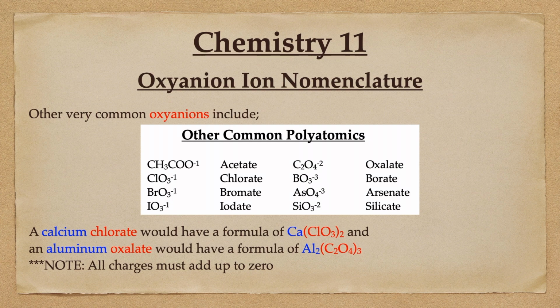Similarly, an aluminum oxalate would have a formula of Al2 and then a bracket C2O4 bracket 3 to indicate I need 2 aluminum ions and 3 oxalate ions to add up to 0.